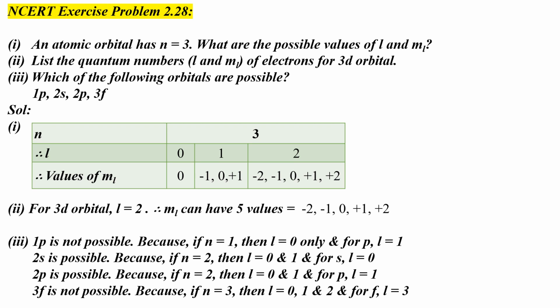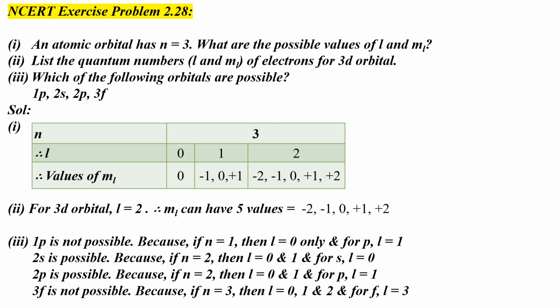Coming to the second question, list the quantum numbers of electrons for the 3D orbital. For the 3D orbital, we know that the value of L, that is what we are asked, isn't it? The value of L for a 3D orbital would be 2. Why? When you have a D orbital, the value of L corresponding to D is 2. So L is equal to 2.